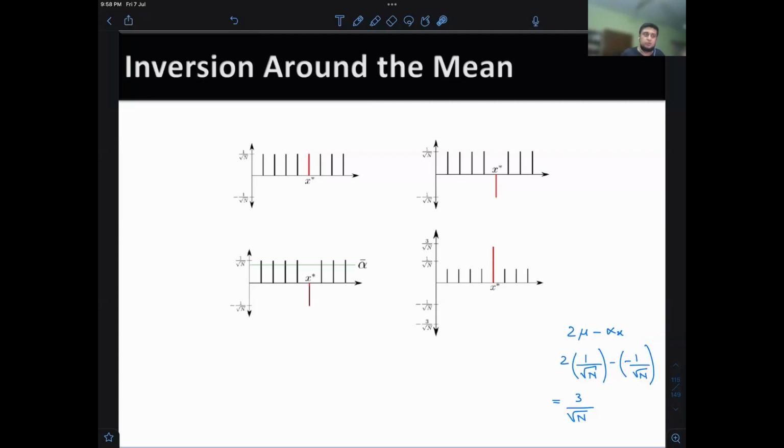And I welcome you to do the exercise: if I carry on with this procedure, where I take this state and apply z sub f, what will happen? This will get flipped again. It will become minus 3 over square root of n. And then I apply the inversion around the mean operator. So you'll have 2 times 1 over square root of n minus minus 3 over square root of n, ending up with a 5 divided by square root of n amplitude.